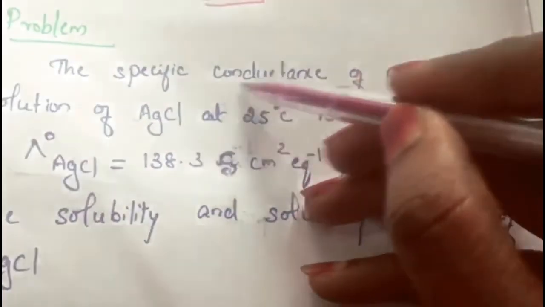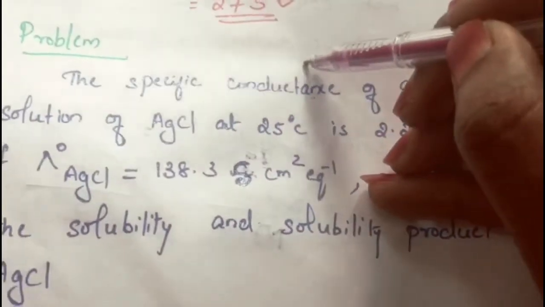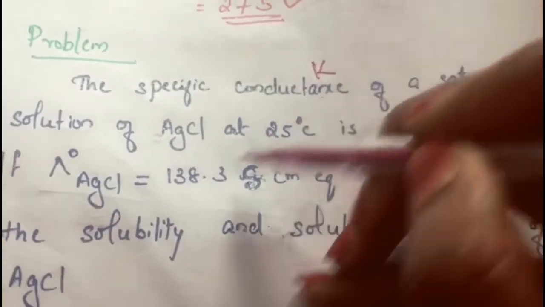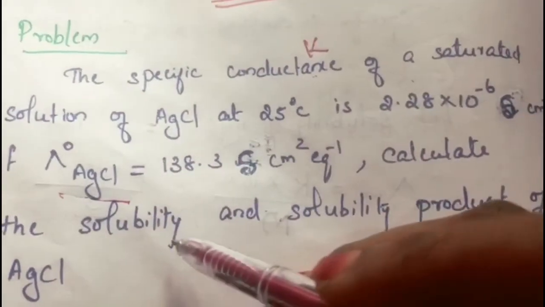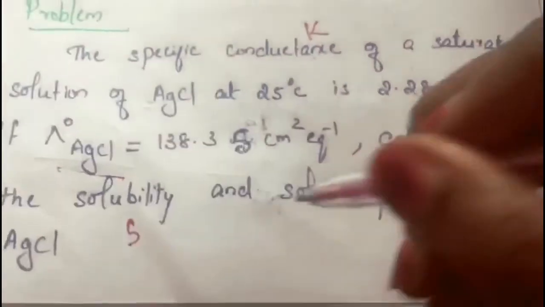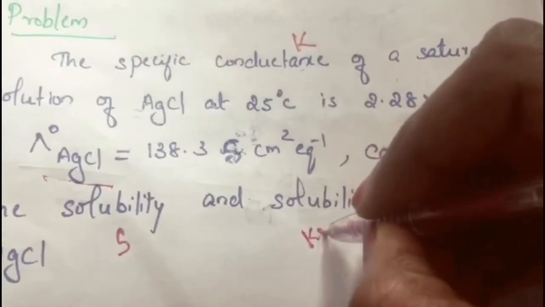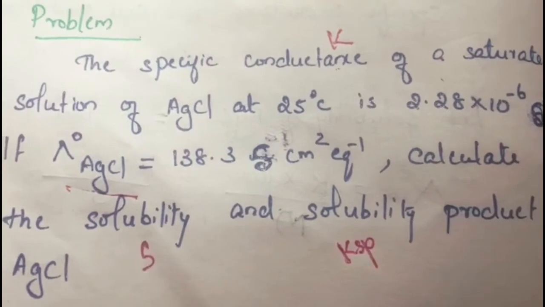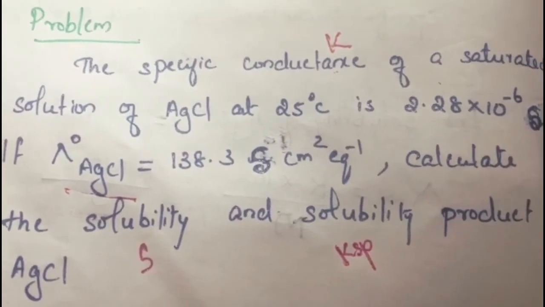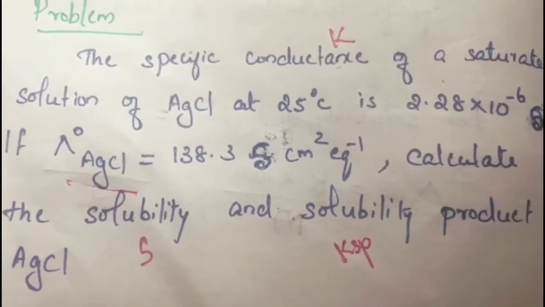Given here, specific conductance is given. Specific conductance means K is given, then lambda 0 is given. Now we have to find out the solubility and solubility product. So what is the formula relating lambda 0 and solubility?